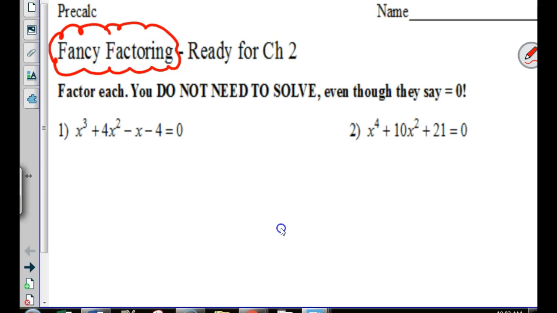Does anyone notice something about the first problem that makes it interesting? Anyone have an idea? Because there's 4 terms. Anybody remember what we can do when we have 4 terms? We can factor by what's called grouping. Do you remember grouping?